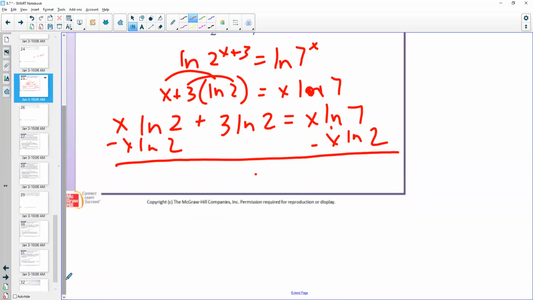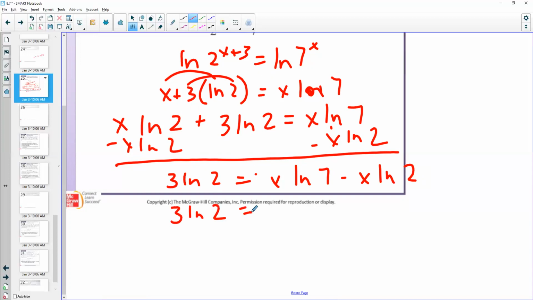So on the left, I'm going to have 3 ln 2. On the right, I'm going to have x ln of 7 minus x ln of 2. I want to factor out the x. So pull the x out. That's going to be ln of 7 minus ln of 2.